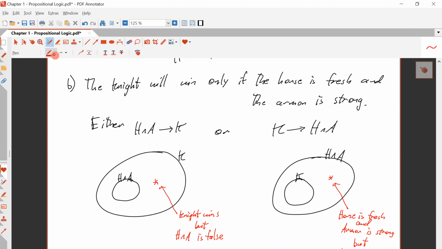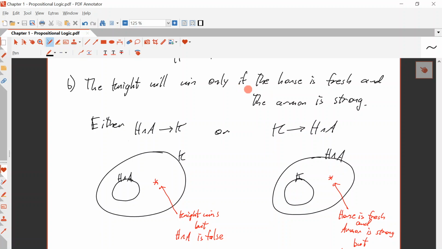The knight loses anyway. Which one contradicts the English language statement? The knight will win only if the horse is fresh and the armor is strong. The knight will win only if he's got good horse and armor. So here the knight wins, but either the horse isn't good or the armor isn't good. Does that contradict this? Yes. It does.